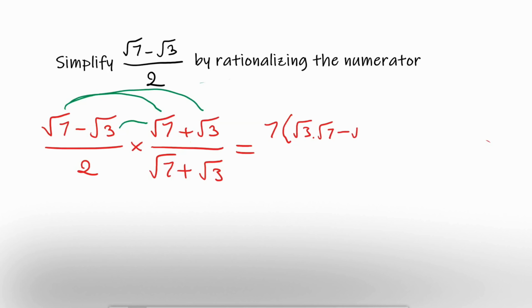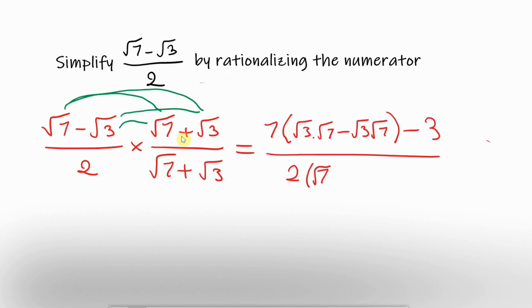So it's negative root 3 root 7, close the brackets. And the last portion is multiplying negative root 3 by root 3. So it just comes out as negative 3 over. So here we can just say 2 times in bracket root 7 plus root 3.